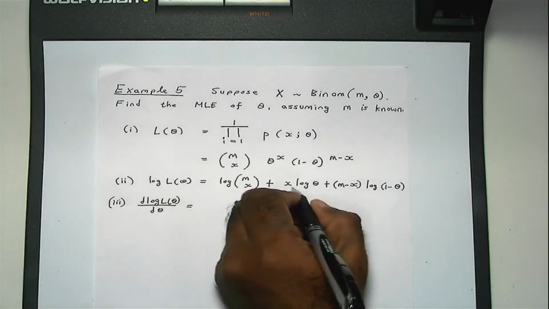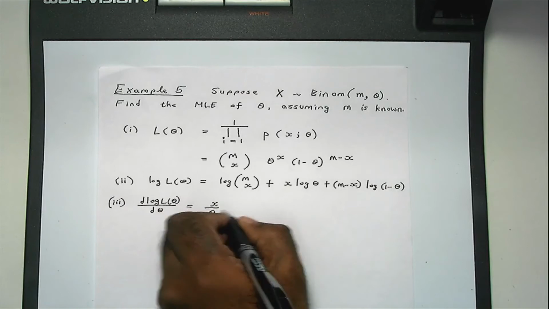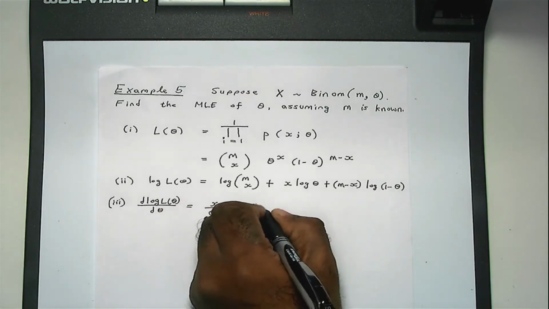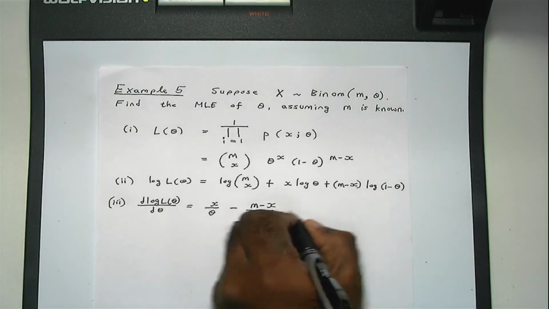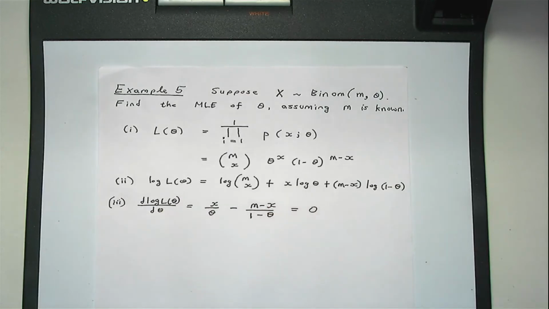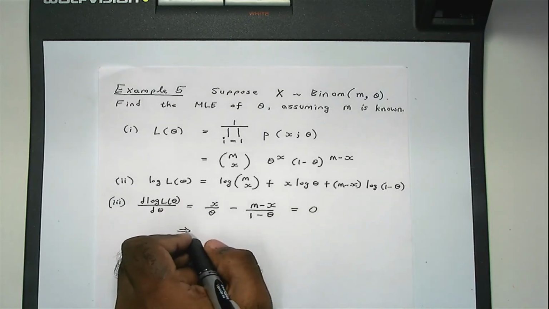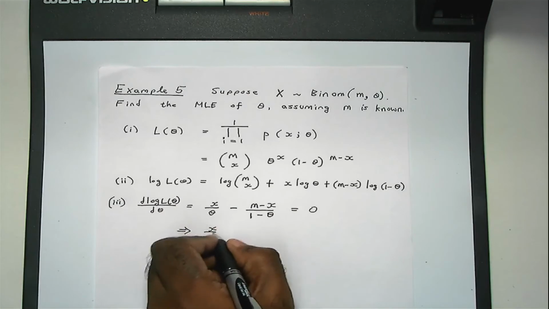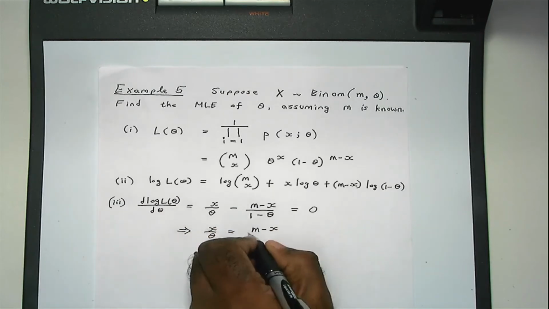So the derivative of this with respect to theta is x by theta minus m minus x by 1 minus theta, and we set this to 0 and solve for theta. So let's see what happens. This is the same as x by theta equal to m minus x by 1 minus theta.